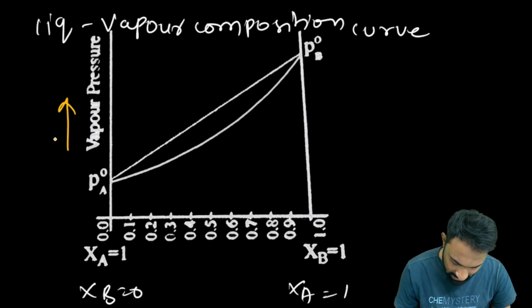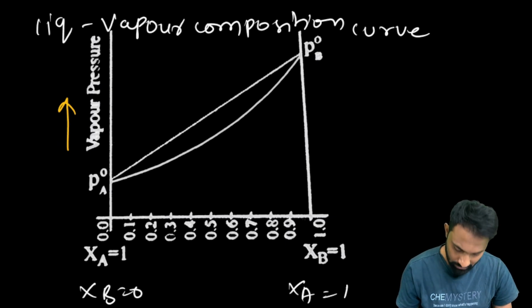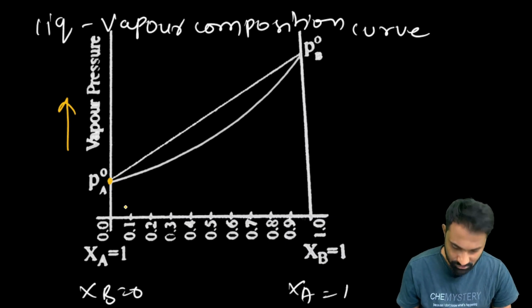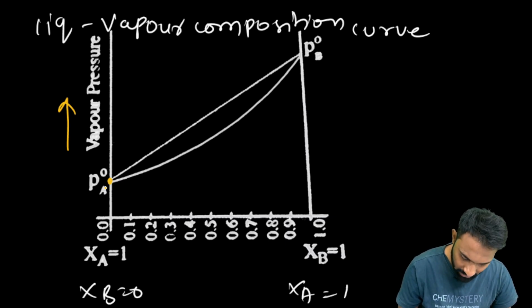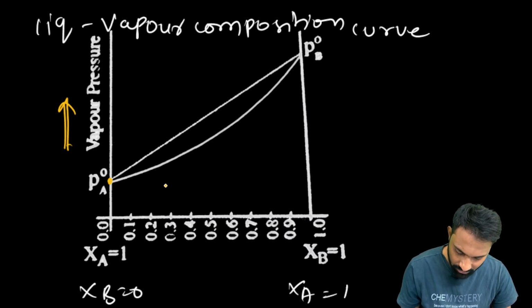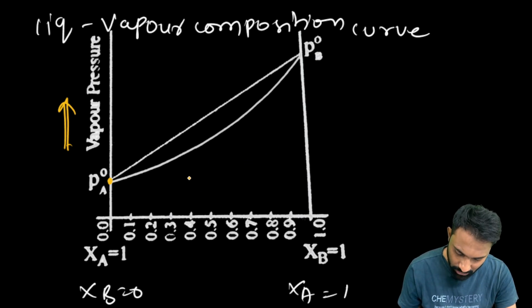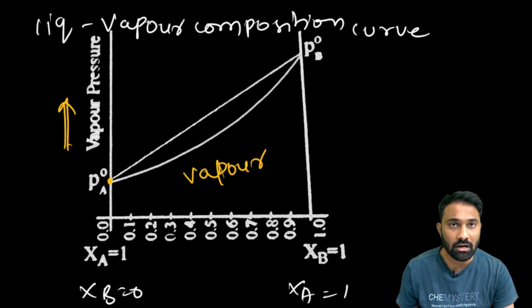Clear? Means as the vapor pressure is increasing, according to Raoult's law, this graph has been kept. Whatever composition we have here is only due to the fact that all are in the vapor, all in the gaseous phase.